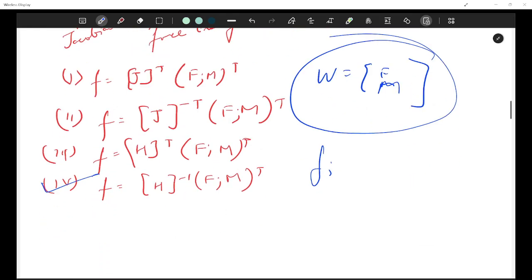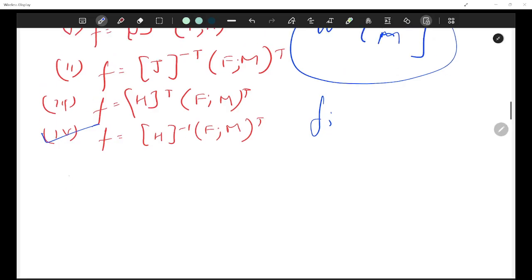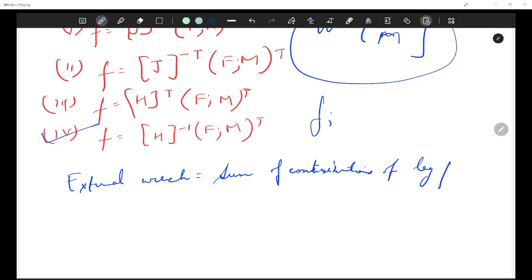So what happens physically? Physically, your external wrench is basically the sum of contributions of leg forces. So what you will get from here, you can find the forces and moments transpose as H into F, where H depends purely on geometry, right?